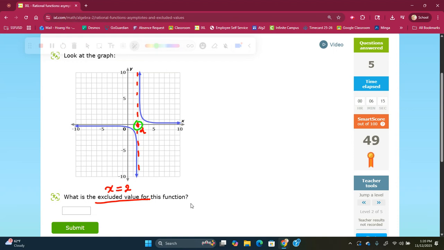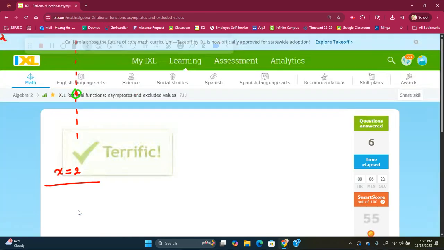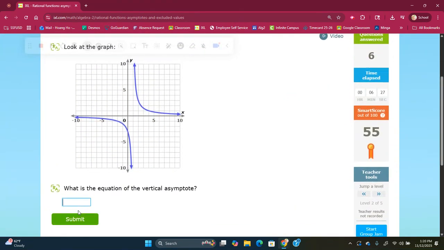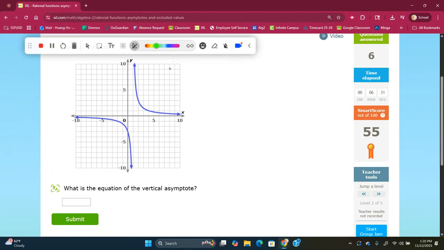Let's put the answer. x equals 2 will be the excluded value. All right, here we go. So now they ask you for the vertical asymptote. When they ask you for the vertical asymptote or the excluded value, you go to the vertical asymptote.